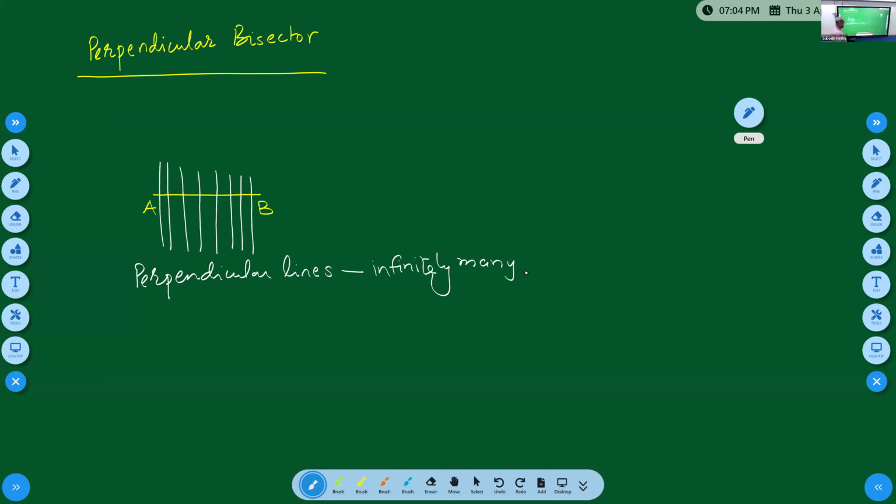If we want to draw bisectors, then the line must make two equal parts of segment AB. Therefore, again we can draw infinitely many bisectors passing through midpoint. All must pass through midpoint, but they are infinitely many.